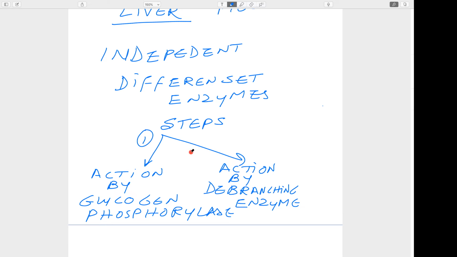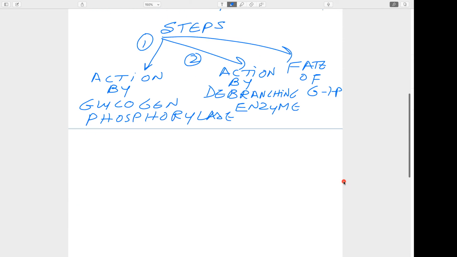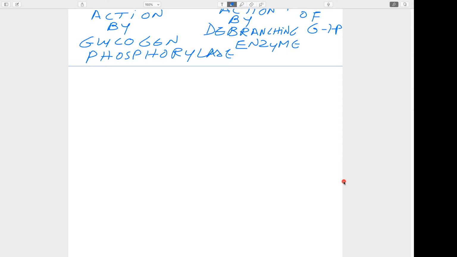The final step is the fate of glucose 1-phosphate, the third step. So these are the three main steps involved in glycogenolysis, which we can call glycogen breakdown.